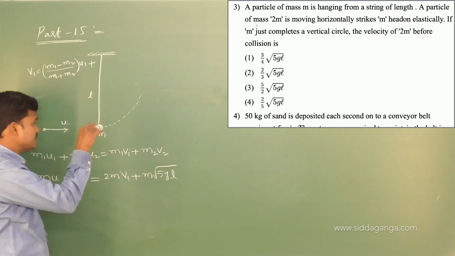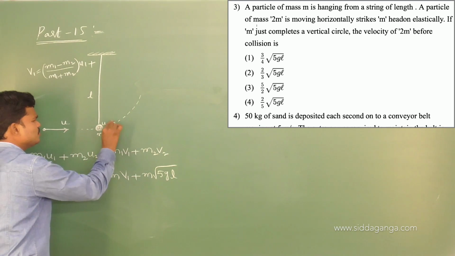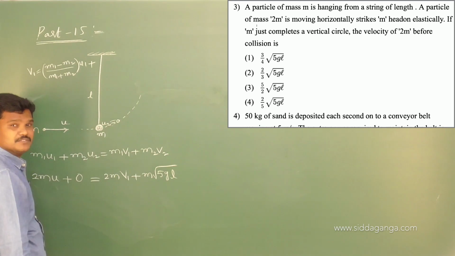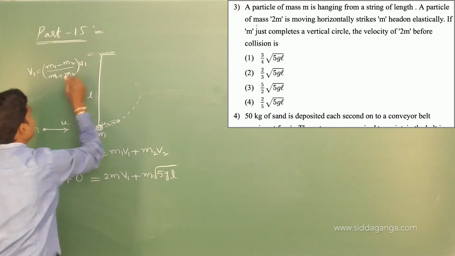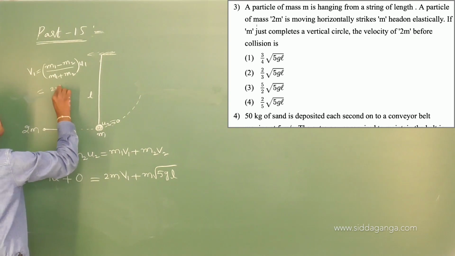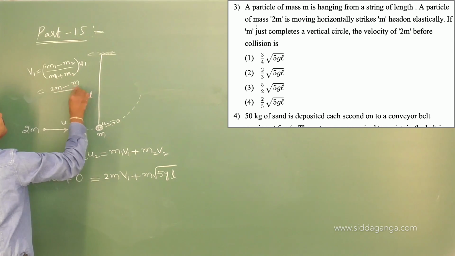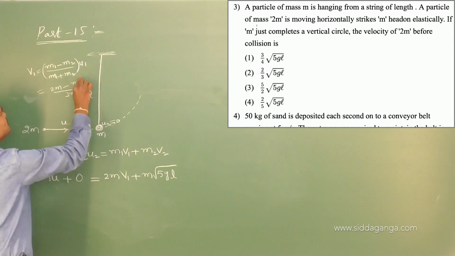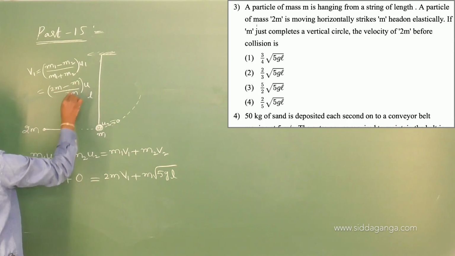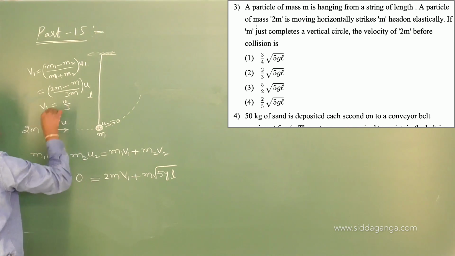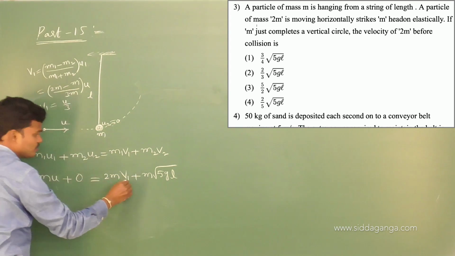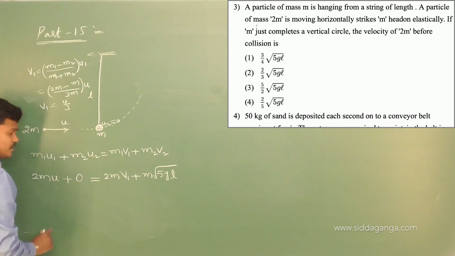What is u2? u2 becomes 0, so no need to write it here. What is m1? 2m. m2 is m. m1 plus m2 is 3m, into u. So m cancelled, it is u by 3. So v1 converted into u by 3, and where v1 is there, you write u by 3.